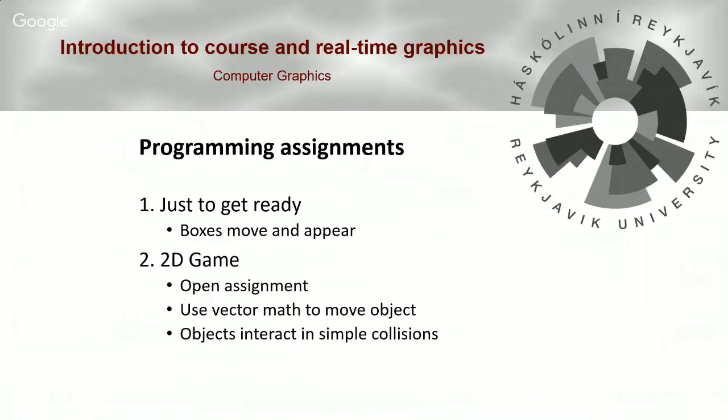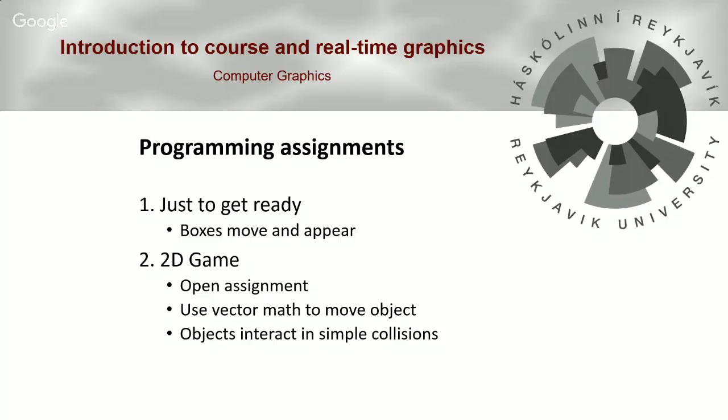Again, vector math is used to float your spaceship, make the direction, make sure that it accelerates correctly, and collisions to make sure that when the projectile hits the asteroids, they break, and when your ship hits the asteroids, it breaks, and so on and so forth. And there are many more things you can do.